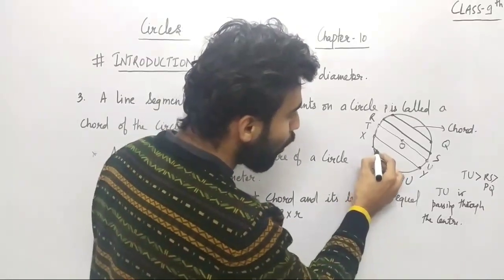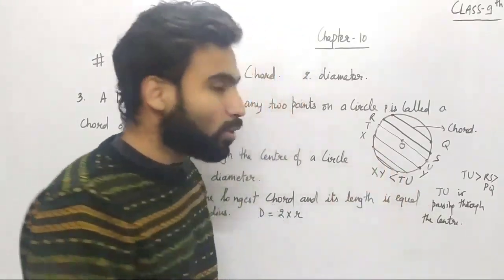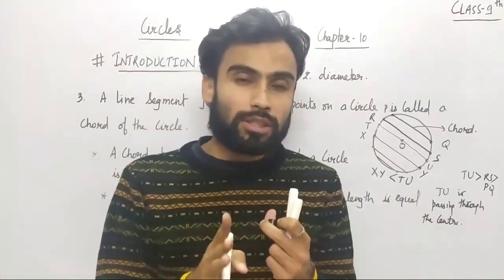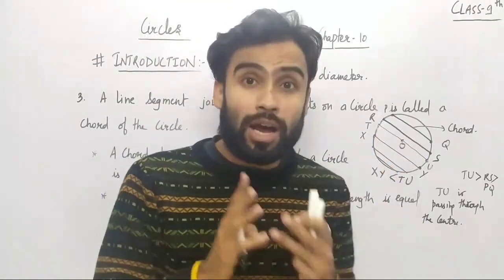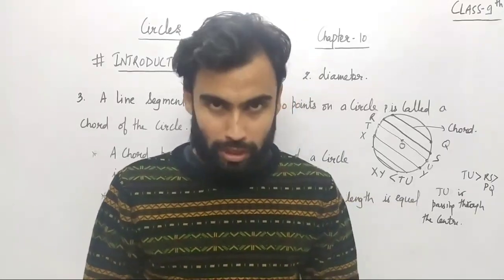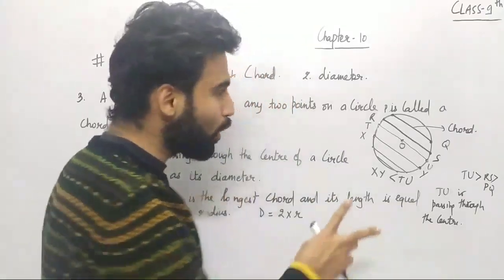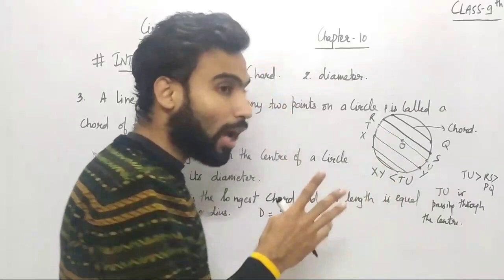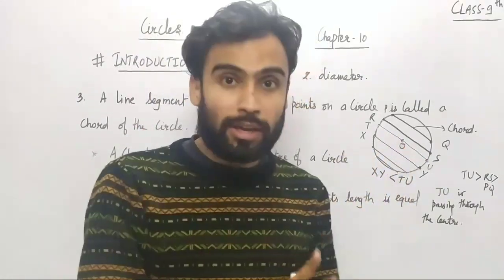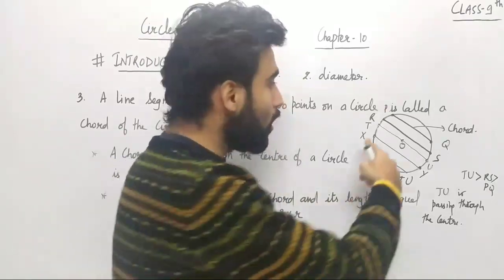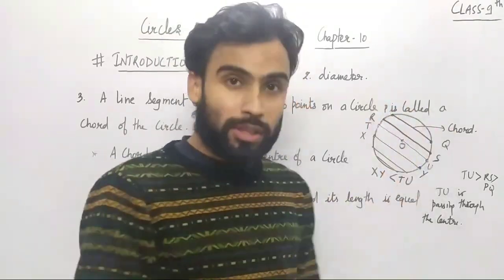And so on, if we move further here, this brings us to the conclusion that this TU is the largest chord of a circle. This TU, which is the largest chord of a circle, is also passing through the center of the circle, which is a difference from the other chords.